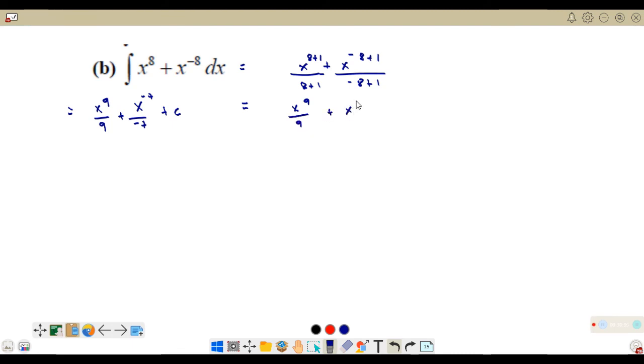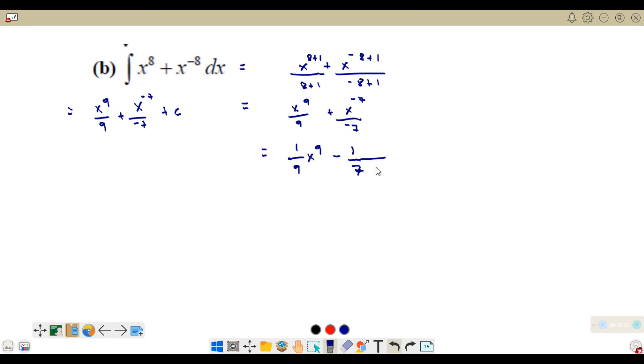plus x raised to the power of negative 7 over negative 7, or 1 over 9 x raised to the power of 9 minus 1 over 7 kasi meron tayong 1 over negative 7 dito sa denominator.